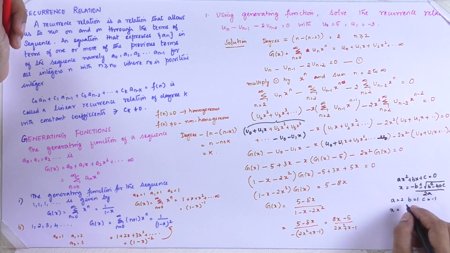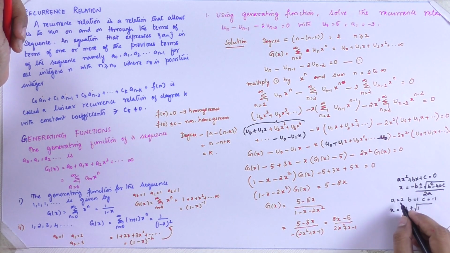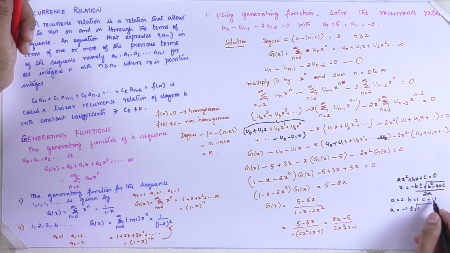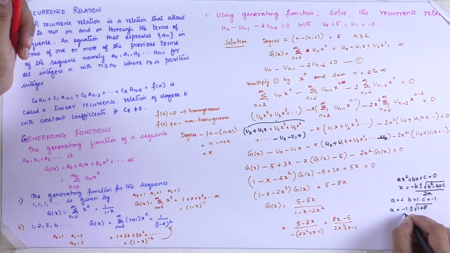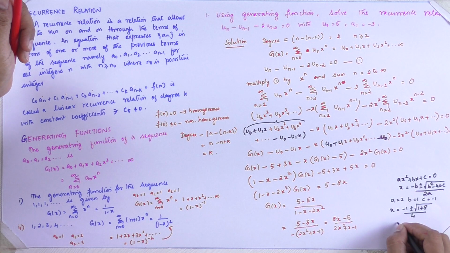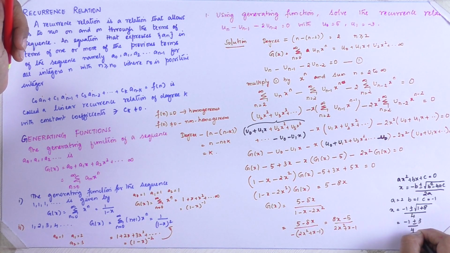Your x will be equal to minus b plus or minus root of b square minus 4ac. So minus 4ac, 4 into 2 is 8, 8 into minus 1, so I get it to be as plus 8, divided by 2 into a here, so it is 4, which is minus 1 plus or minus root 9 is 3 by 4.